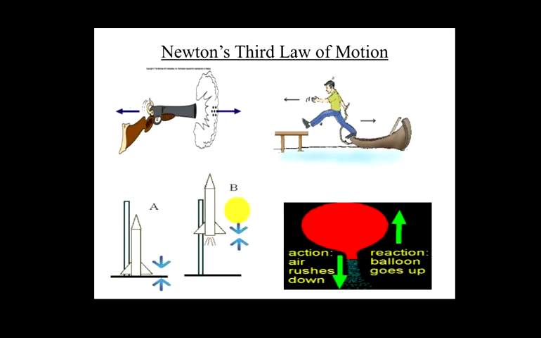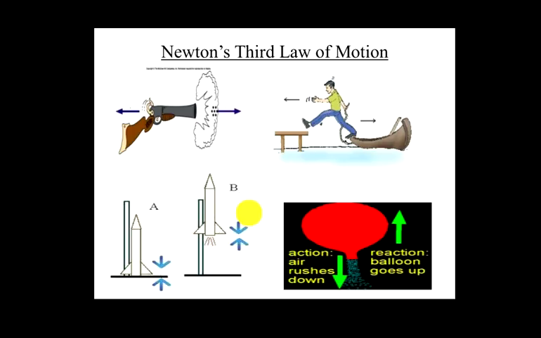Rocket ships are based on the third law. This time, the rocket is pushing on the gas and the exhaust. And those particles, the exhaust particles, push back on the rocket. That's how rockets are able to move in outer space, by applying a force on particles that are being forced out of the rocket.